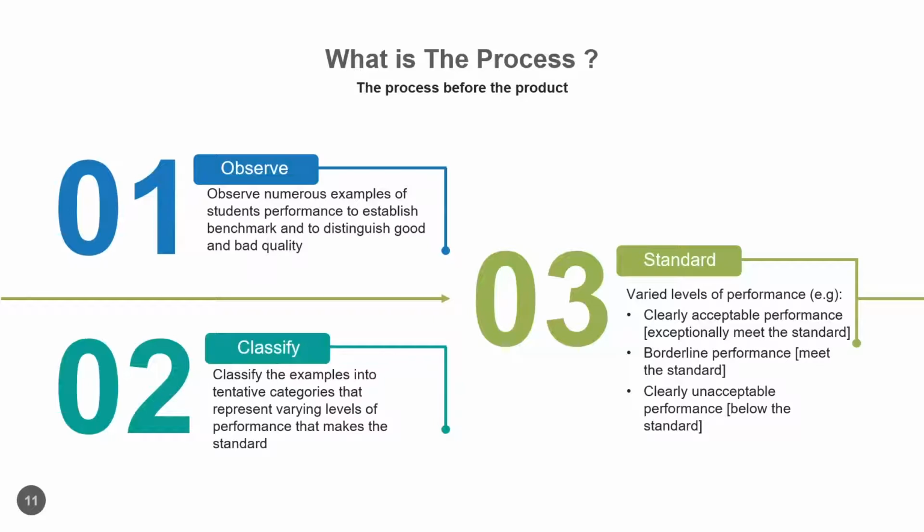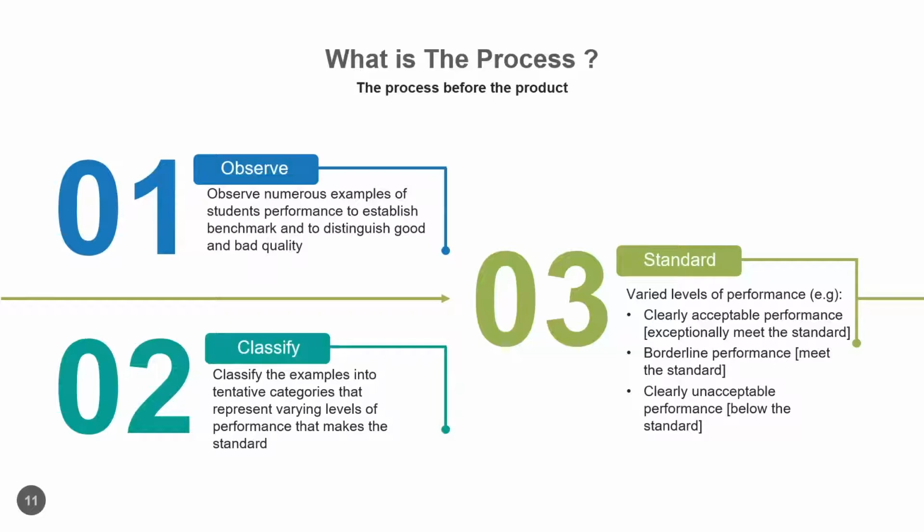Next is for you to classify. You classify the examples into sensitive categories, meaning what are the tasks and what are the course learning outcomes. What are the tasks that you want them to do? What are the categories that you have indicated? Usually it's very common to have extreme, good, middle. Middle would be like meeting the standard, and lower would be like below standard.